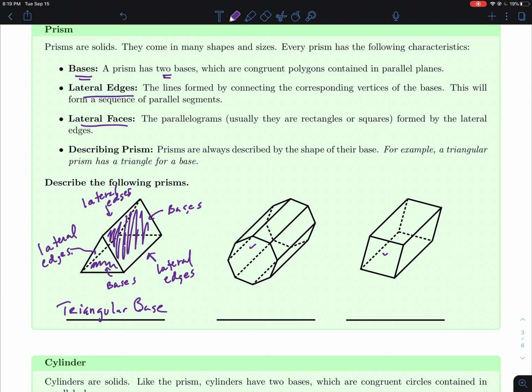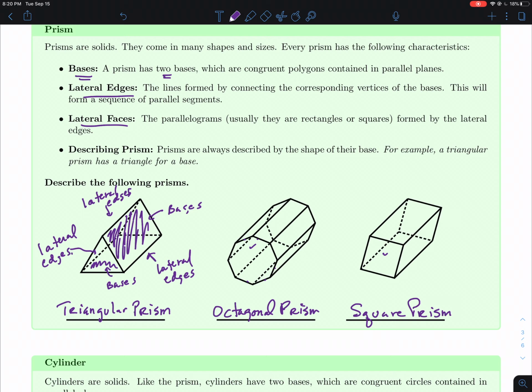prism. And this guy, if we count the sides, it's 1, 2, 3, 4, 5, 6, 7, 8. So it's 8-sided. So this would be an octagonal prism. And the last one would be a square prism, because again, the base is a square.